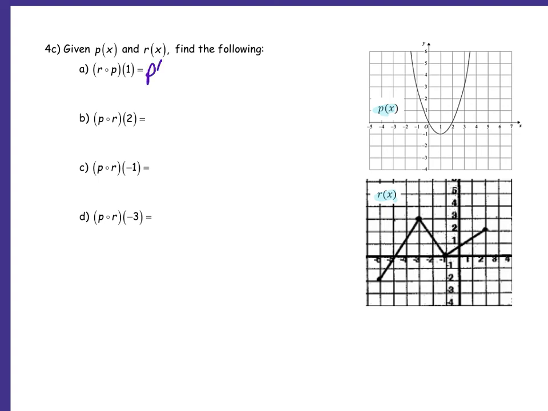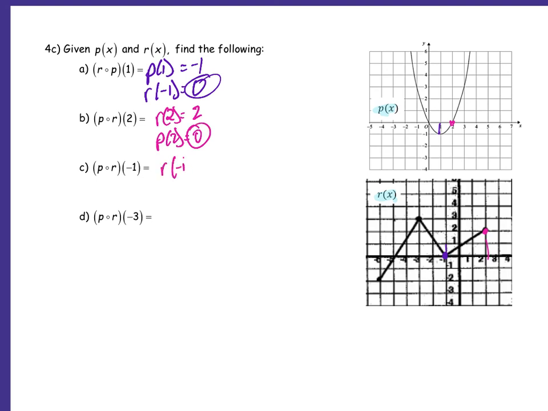So P of 1. I'm going to go to P, and 1 is at -1. And then R of -1 is at 0. So that's my answer. And then R of 2. R of 2 is at 2. And then P of 2 is there, which is 0.